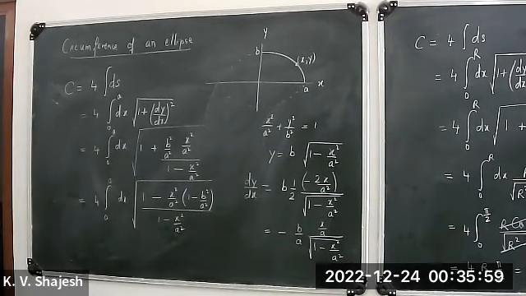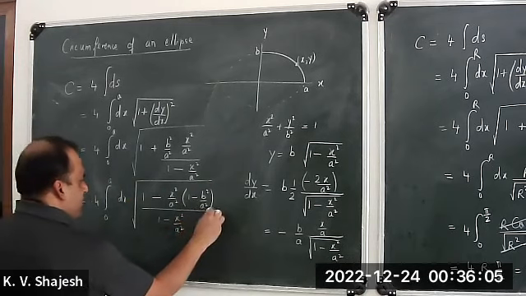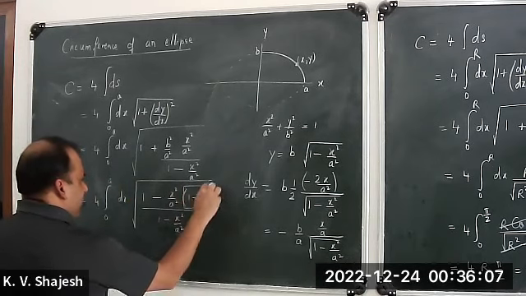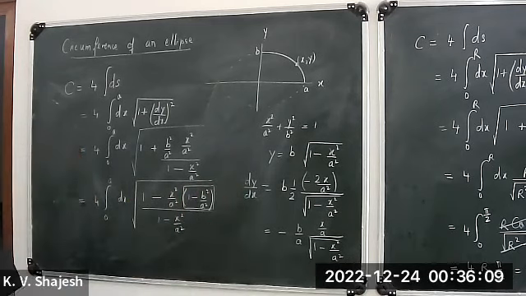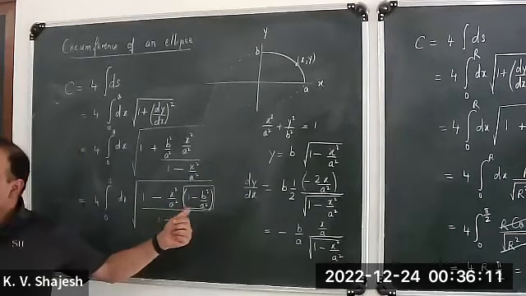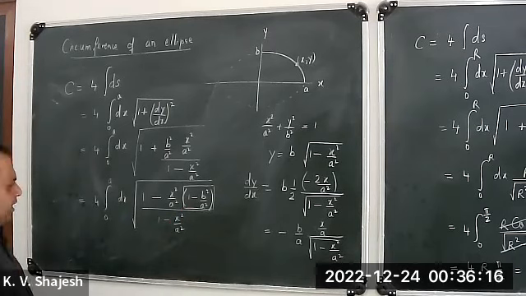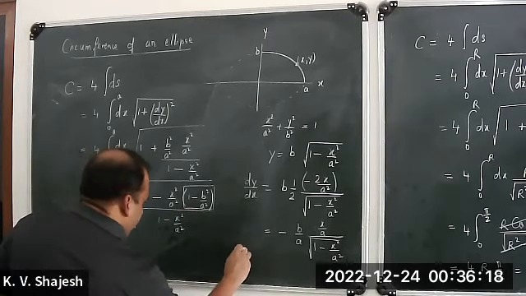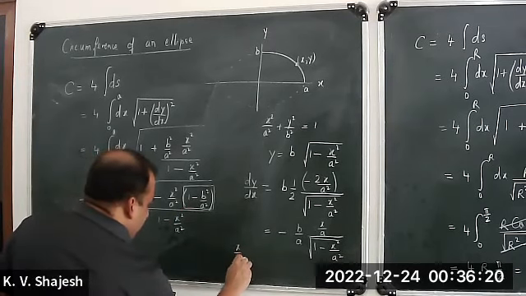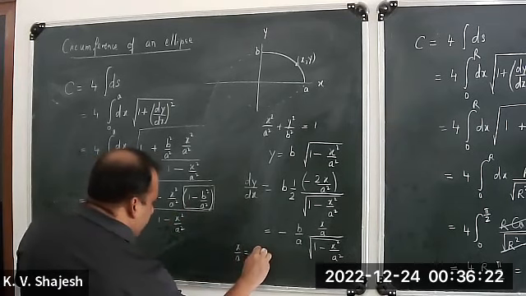Seems slightly a lot of clutter, but let's substitute. Remember that this was nothing but e square. If we did not encounter e square there, we can define this to be e square. It's called the eccentricity of an ellipse. And then let's substitute x over a is equal to sine theta.